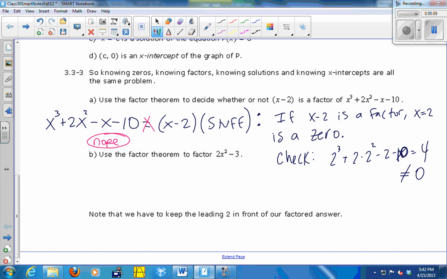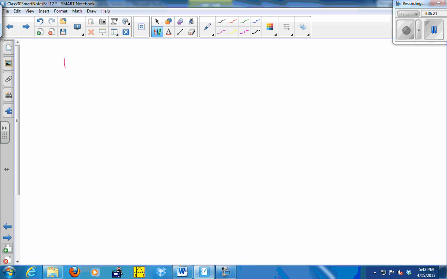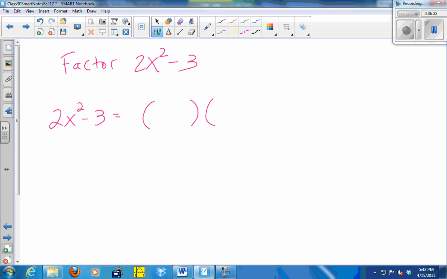Does that make sense? Okay. So now what I want to do is use the factor theorem again to factor 2x squared minus 3. Okay, so that means I want to write 2x squared minus 3 like that, right?